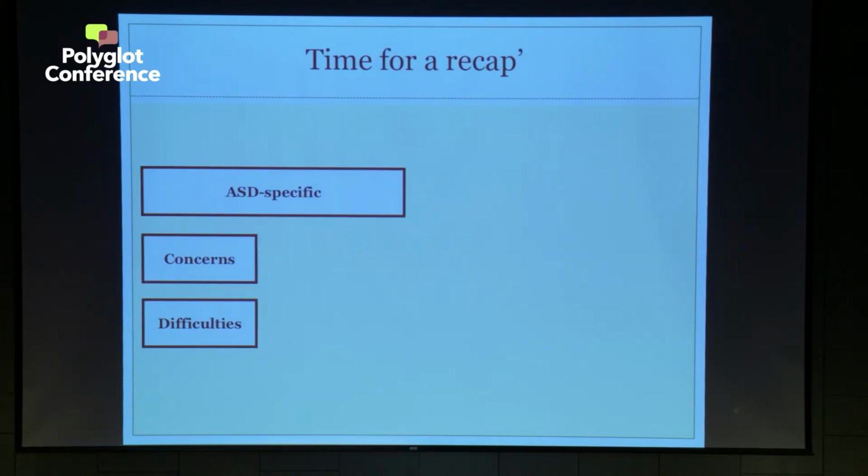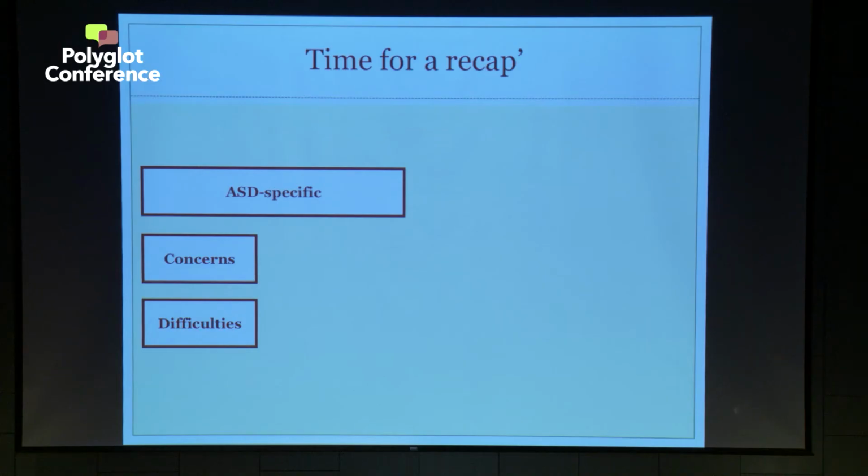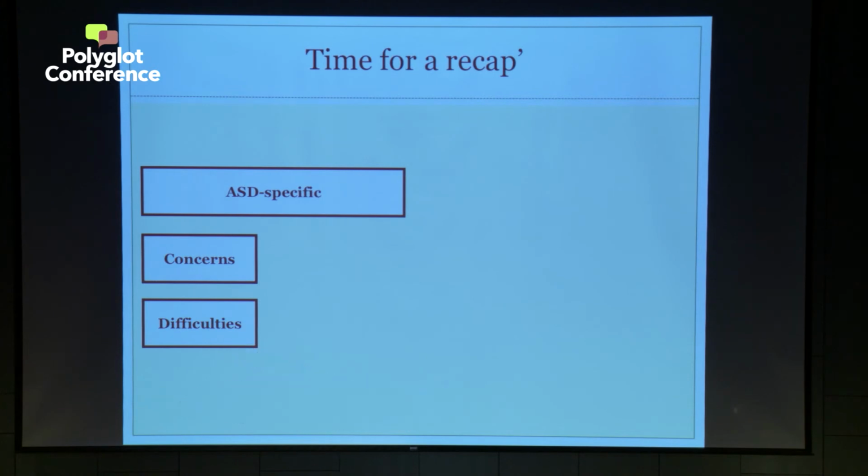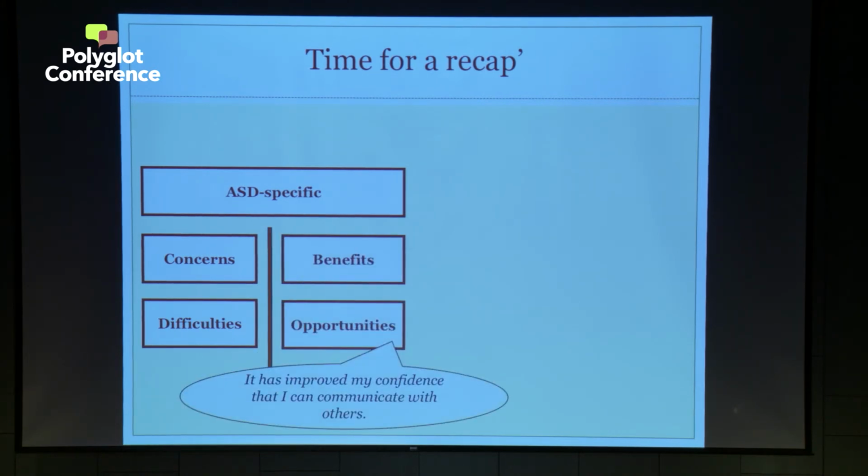So now, time for a recap. As you saw, there were some very autism-specific concerns and difficulties, for example, "I need time to process conversations even in my native language." And there were also some autism-specific benefits and opportunities, like "it has improved my confidence that I can communicate with others."